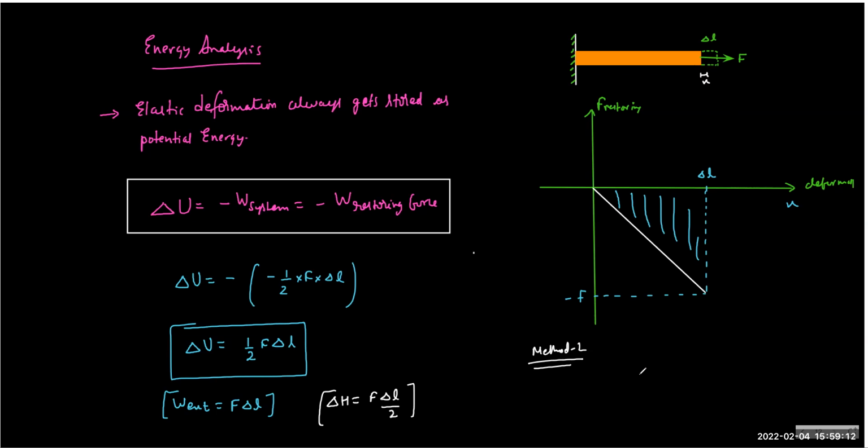So if x is the deformation, and L is the length of the rod, we can write stress equals Young's modulus into strain. So this F is the restoring force. So the restoring force is how much? You can see.